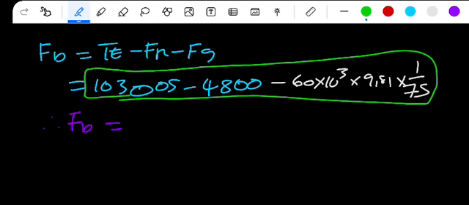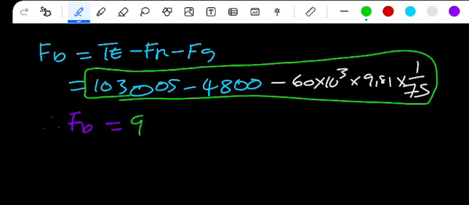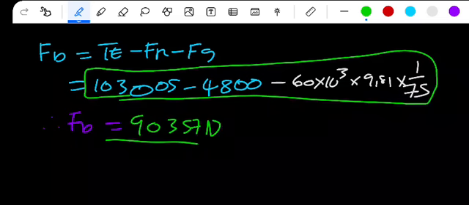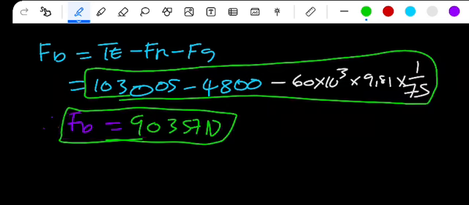By the way, it would be 9,357 Newton. So that is it. That is what we have in this topic.